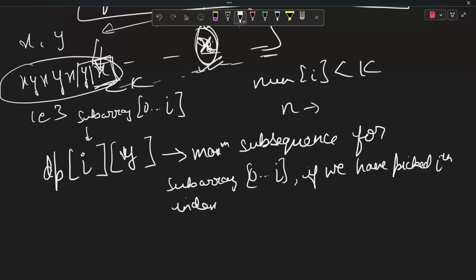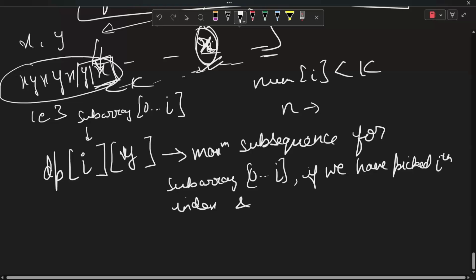If we have picked the ith index, then y is the other value in our alternate subsequence.